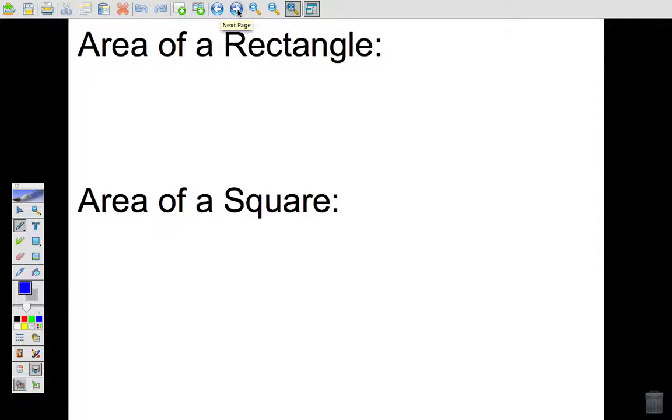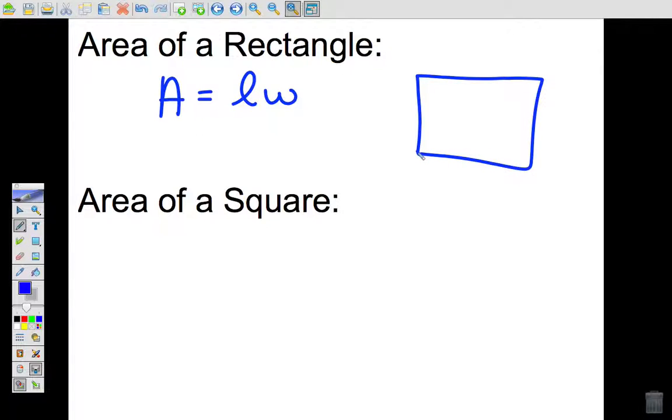First of all, let's talk about how you find the area of a rectangle or how you find the area of a square. This is something that you need in your notes. The area of a rectangle, we find it by taking the length times the width. When we talk about area, if I have a rectangle, area is how much is covered in here.